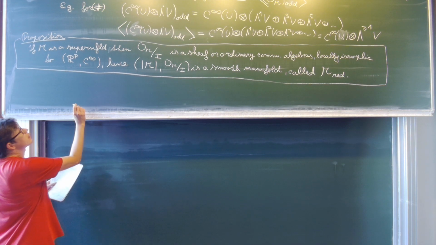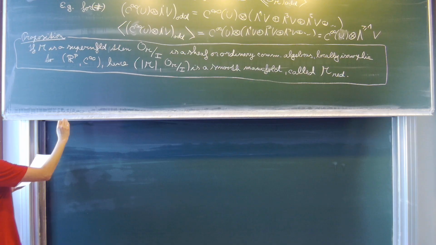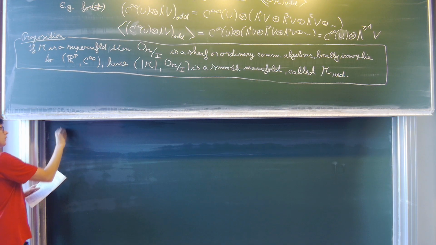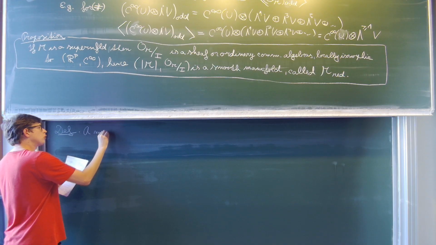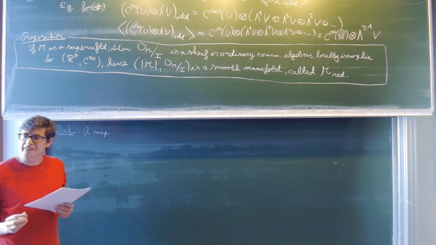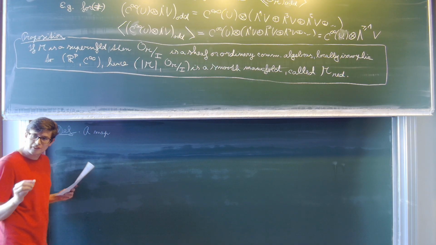Okay, so now we have the objects that we are interested in. Now what about morphisms between them? So what is a map of supermanifolds? This should hopefully answer both questions from Jan, about the maps of sheaves and the thing we're asking now.